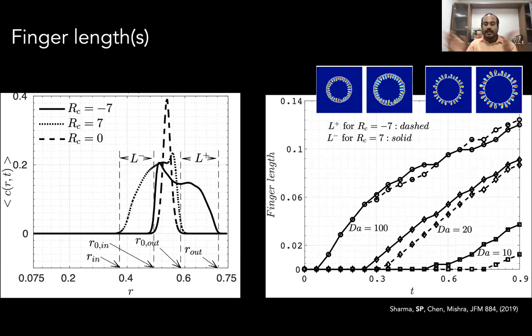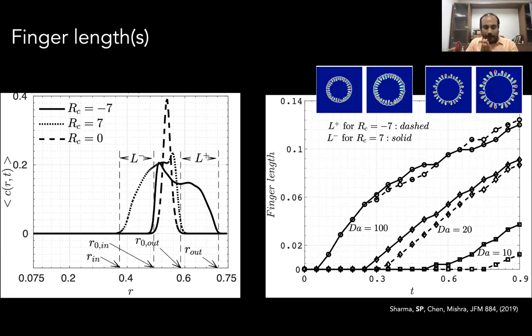Though there is a reaction, the product generated has the same viscosity, so no instability will occur, and you will see the profile looks like a Gaussian, which is purely advective and diffusive in nature. Then we consider two different configurations. In one the viscosity of the product is higher, and in the other the viscosity of the product is lower. And in these cases, we see two different kinds of shapes of these curves.